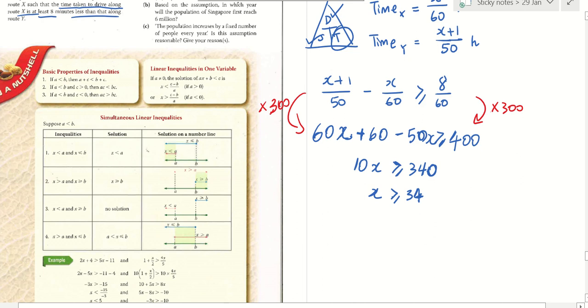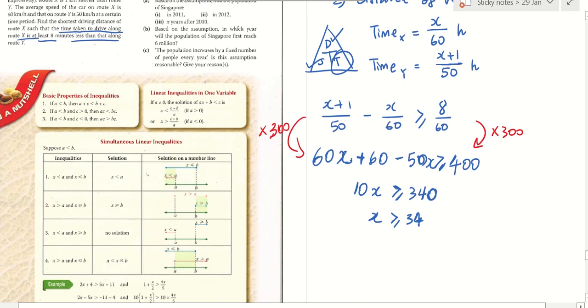So now they want the smallest value of x. Therefore, shortest distance is 34 kilometers.